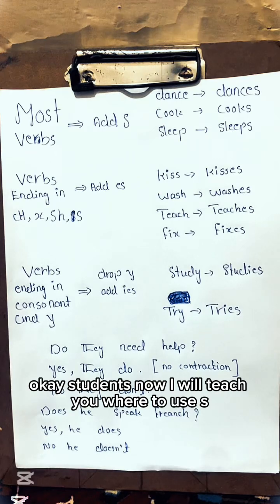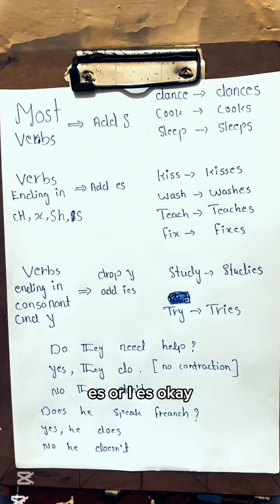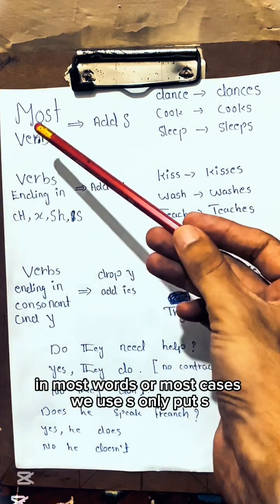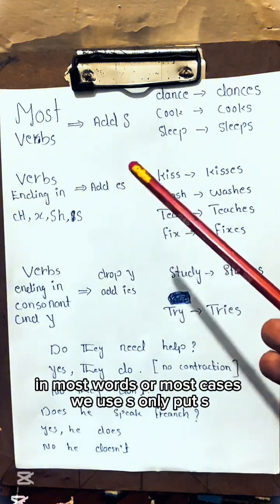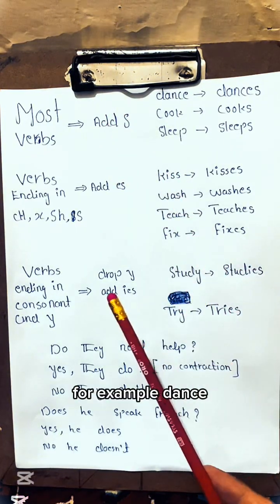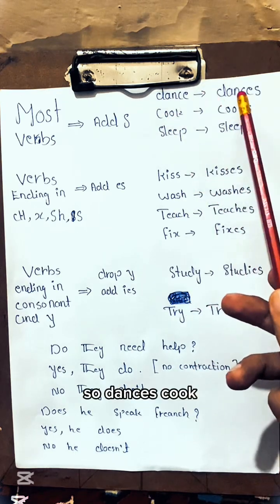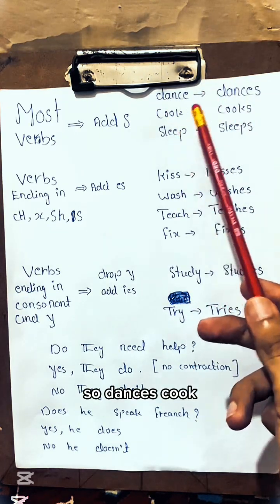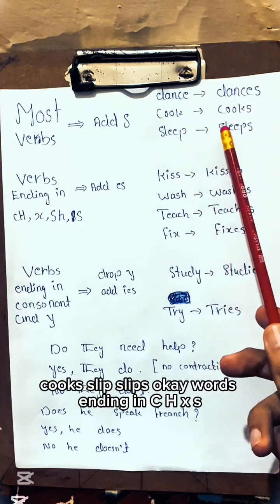Okay students, now I will teach you where to use s, es or ies. In most verbs, or most cases, we only put s. For example, dance, dances; cook, cooks; sleep, sleeps.